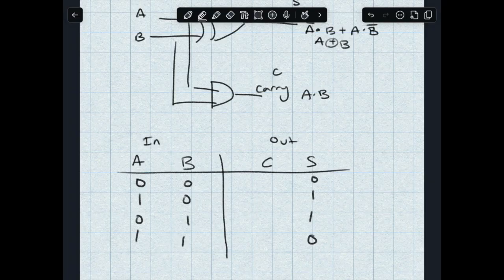What's happening there is we are exceeding the possible values that we could get out of this. If I add 0 and 0, I get 0. If I add 0 and 1, I get 1. If I add 1 and 1, I get 2. Well, with a single bit, there's no way to represent a value of 2, so I would essentially need to carry to the next bit place.